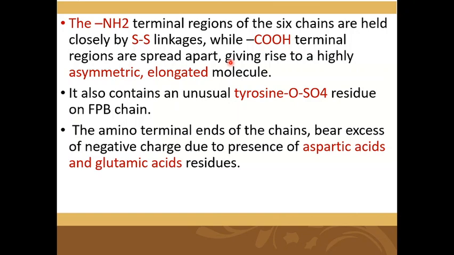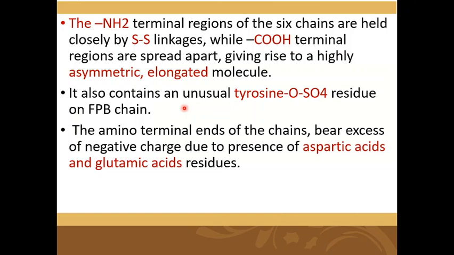अच्छा, अब यहाँ पे एक बात याद रखने की है जो कि you can get in the MCQ. It also contains an unusual tyrosine O-sulfate residue on the FPB chain, fibrinopeptide B chain. अच्छा, the amino terminal ends of the chains bear excess of negative charges, right?